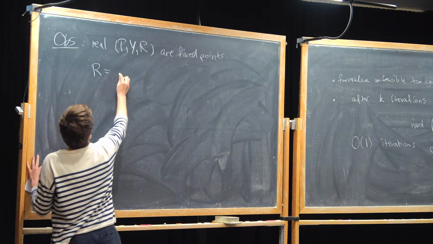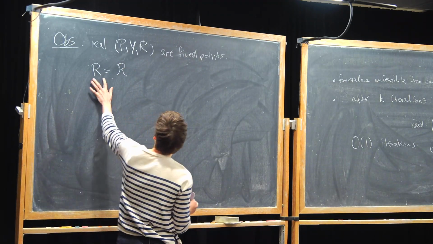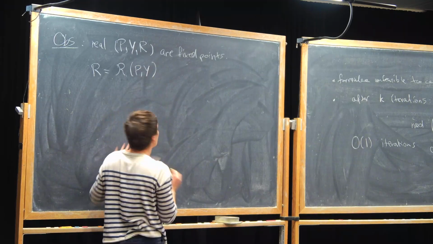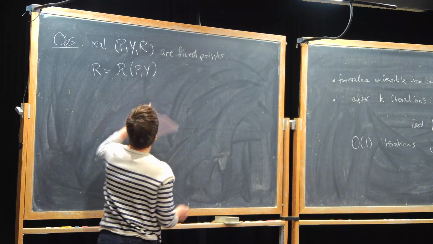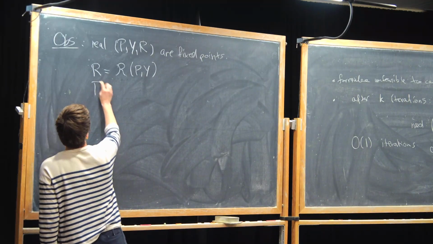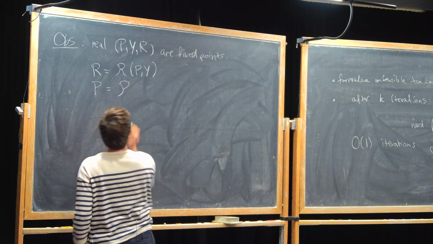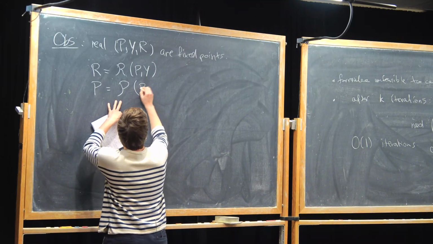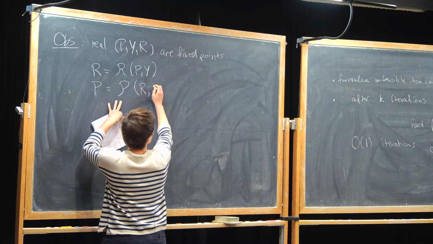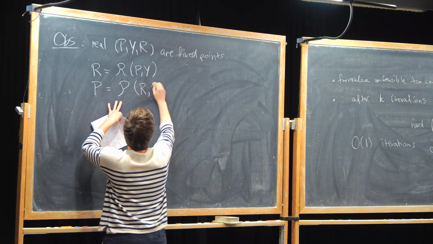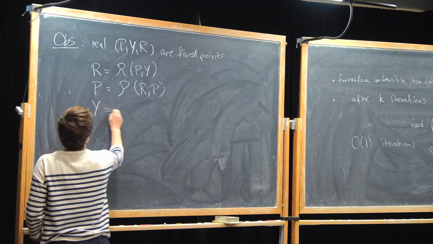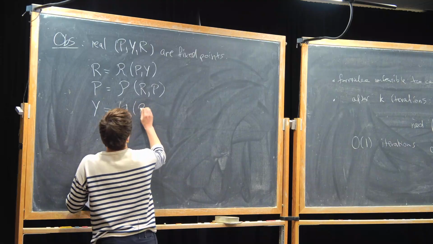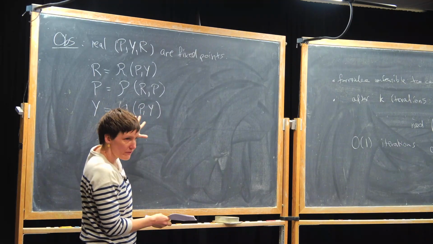The real R is what I get if I apply this operator to my real probability, my real edge probability and real path probability. My probability is what I get if I apply the probability operator to my real ratio and my real P, and my real Y is the Y of P and Y, right? In that sense, they are fixed points.